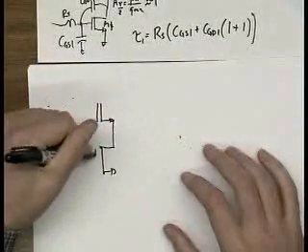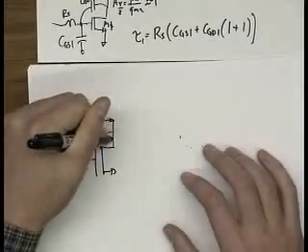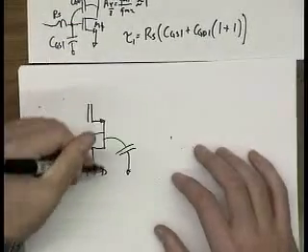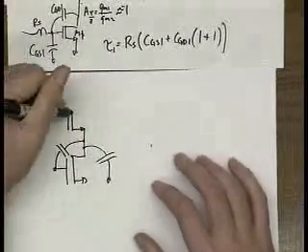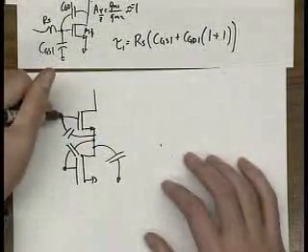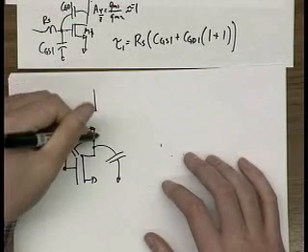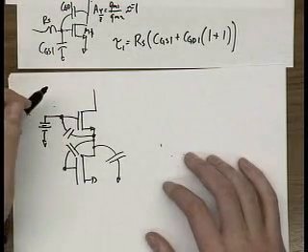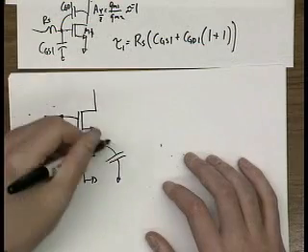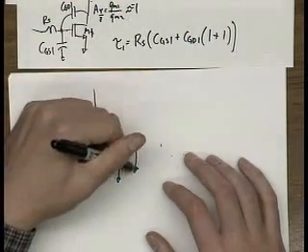Let's look at the pole at the intermediate node as well. Okay, I think that's all. Is that all? Yeah, there are actually 2 caps here, but whatever. Okay.